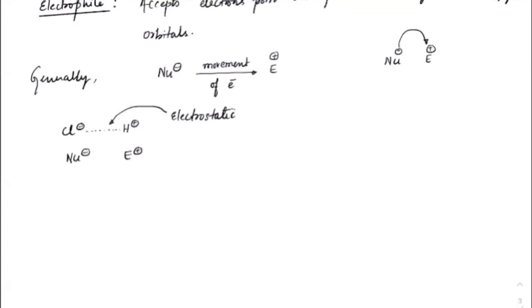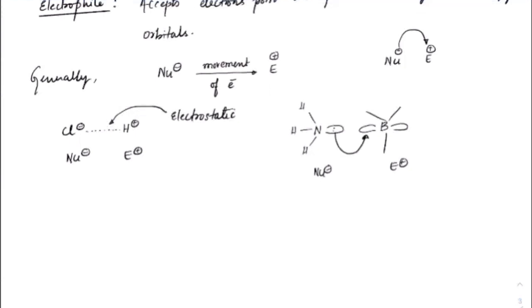But it is not always necessary that electrophile and nucleophile reactions are only with positive and negative charges. We might also see reactions where you have a nitrogen which has a lone pair present on it, and there is boron which has an empty orbital present on it. Neither of them is charged, right? But still this will act like a nucleophile, this will act like an electrophile, and there would be a movement of electrons from nucleophile to electrophile.